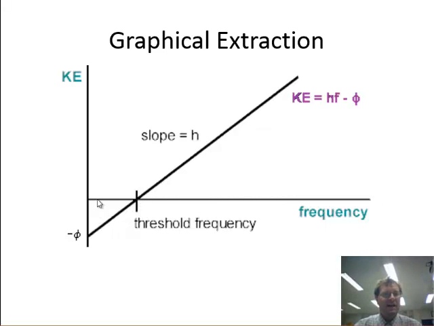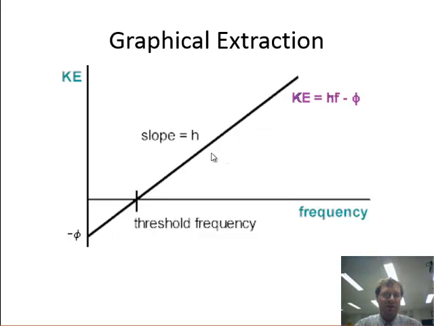So although we can't plot it here, there's no kinetic energy because there's no electrons escaping. Past this threshold frequency, as we increase the frequency, the kinetic energy increases and the slope of that graph has a gradient of h.